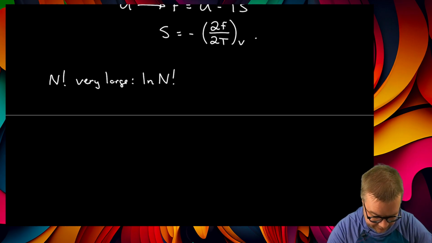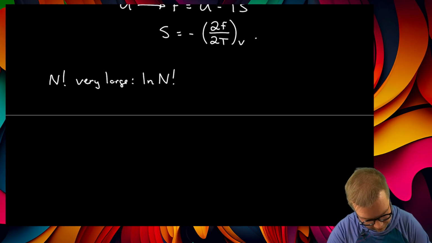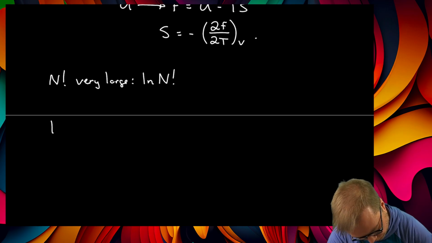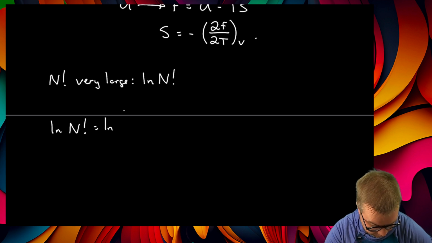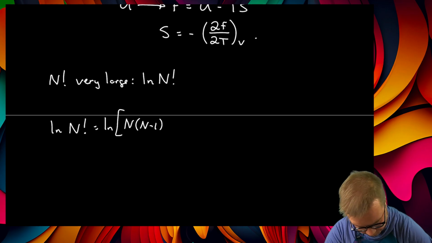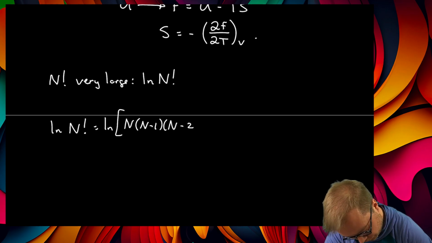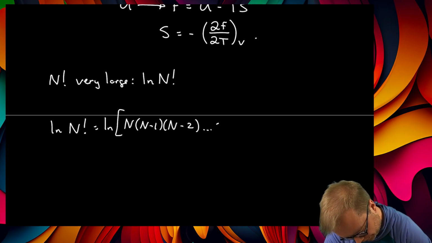Let's see what that means. If we've got the logarithm of n factorial, we've got the logarithm of this big product: the logarithm of n times n minus 1 times n minus 2, dot, dot, dot, all the way down to 1.